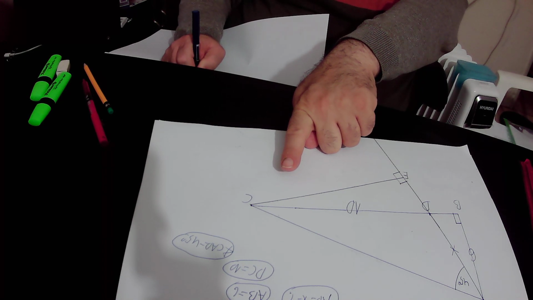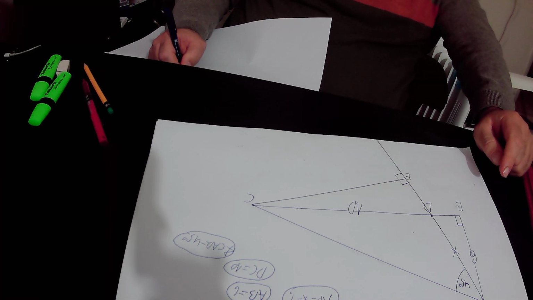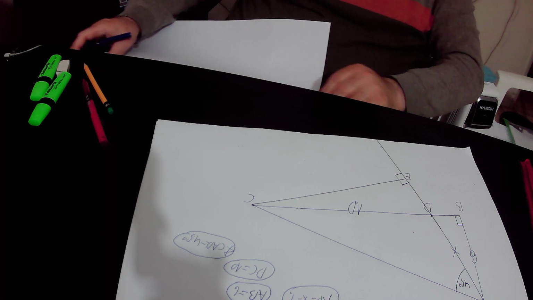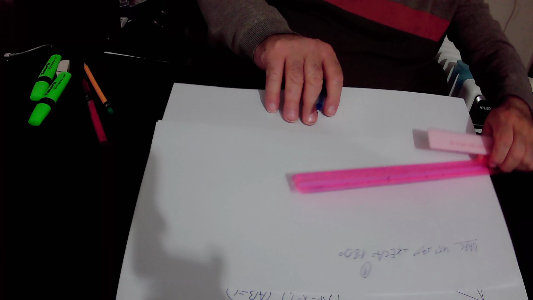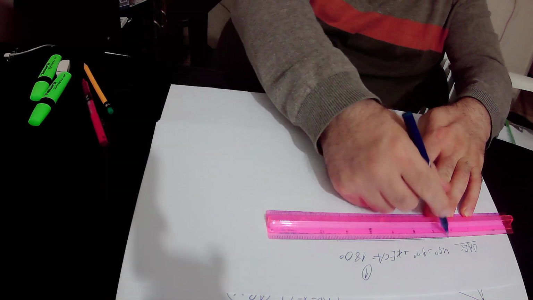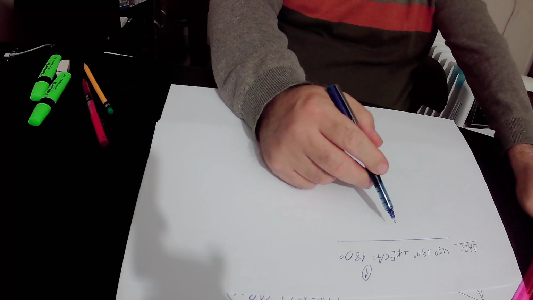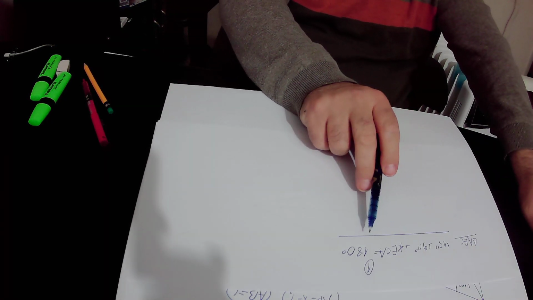In total, the sum of those three angles must be equal to 180 degrees, according to the rule that the sum of the angles in any triangle is equal to 180 degrees. Okay. I'll repeat again. The sum of the three angles in the right triangle, triangle AEC must be equal to 180 degrees.